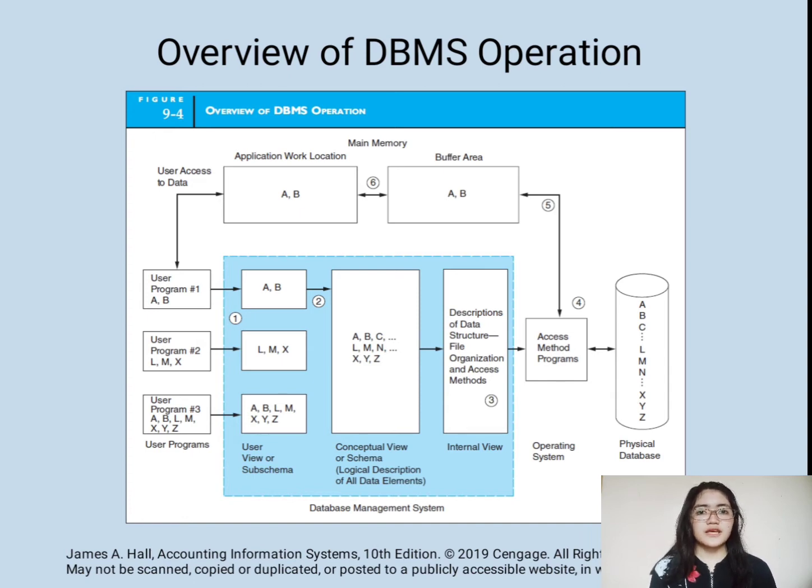This program sends the data access request to the DBMS, which validates the request and retrieves the data for processing. Under this mode of access, the presence of the DBMS is transparent to the users. Data processing procedures for transactions such as sales, cash receipts, and purchases are essentially the same as in the flat file environment.